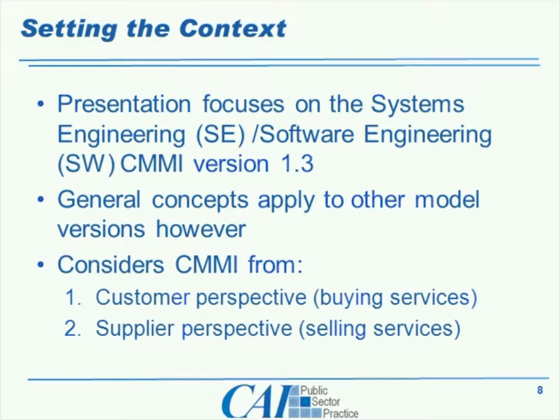And as I mentioned before, in terms of customers, we're really going to look at the model from two perspectives. The first perspective is a buyer of services or a consumer of services. And again, that can be an internal consumer, say a large division where you've got a development organization within that division, and then you've got an operational team of people who are consuming the end product.